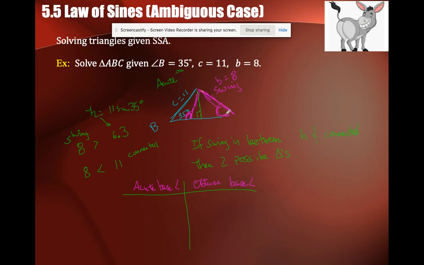So let's take care of the first one over here, right? What do I know? I have the sine of 35 compared to the length opposite it.